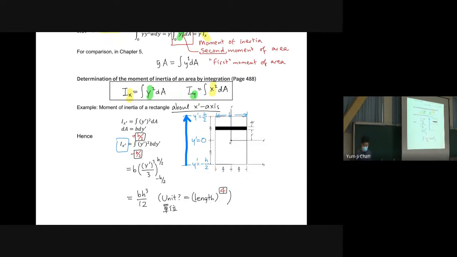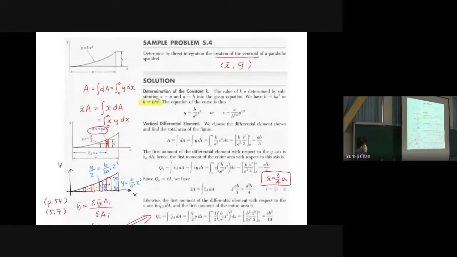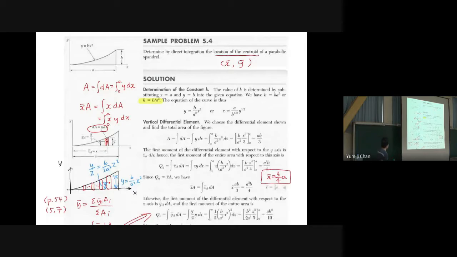Before we begin our sample problem 9.3, I did sample problem 5.4, and it is easy to get x bar, right, and I think you can do this.